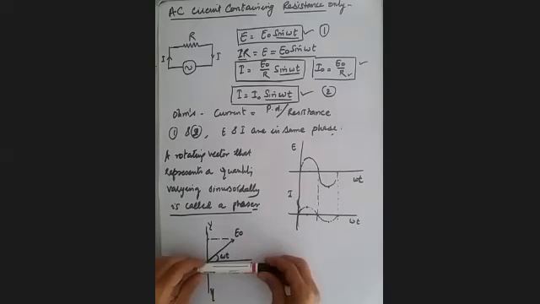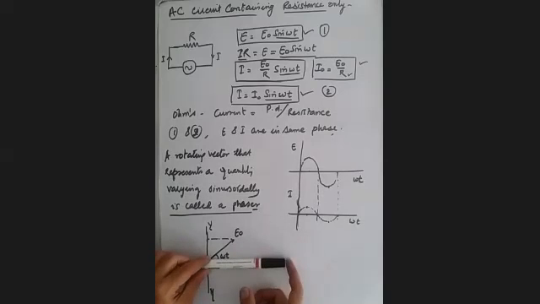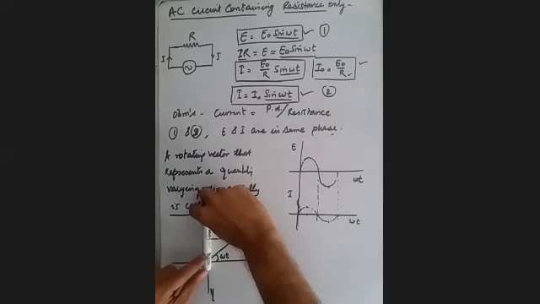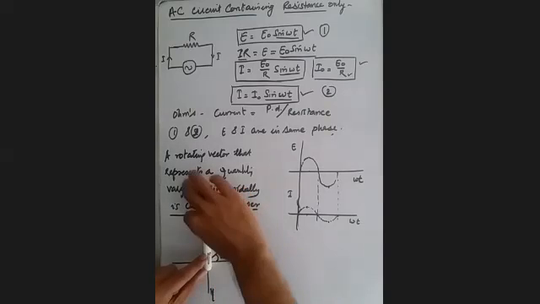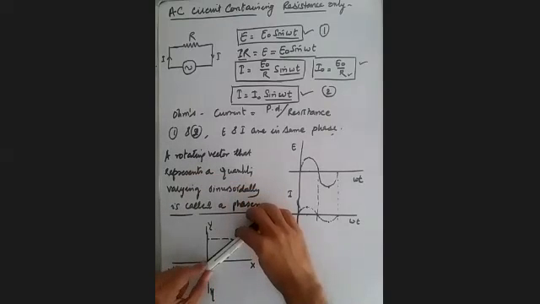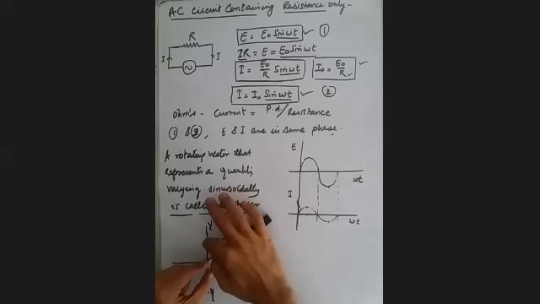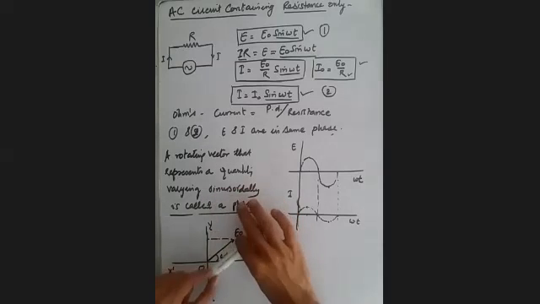At this position, the projection on the y-axis will be 0, and in this position, its value on the y-axis is equal to E naught, and in this position, its projection is not equal to E naught but less than E naught.